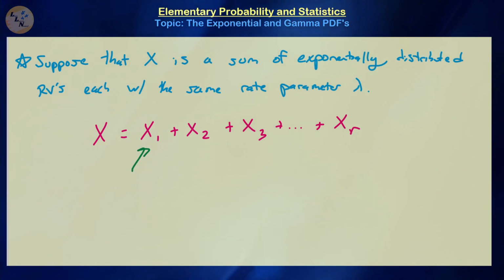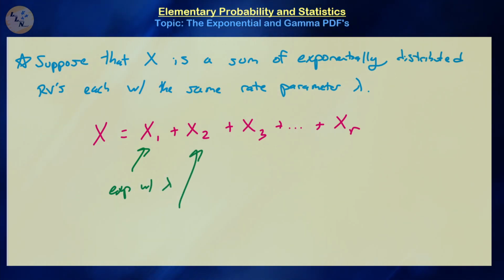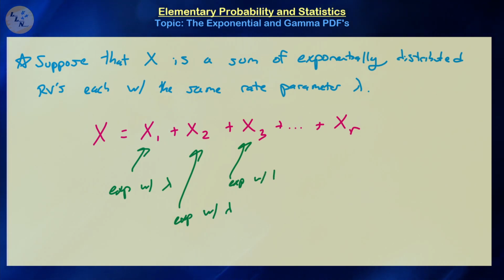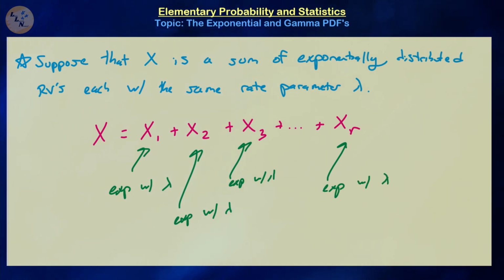So x1 is going to be an exponentially distributed random variable with parameter lambda. x2 is also going to be an exponentially distributed random variable with parameter lambda. x3 is also, and all the way out to xr, also an exponentially distributed random variable with parameter lambda. So each of these is an exponentially distributed random variable with the exact same rate parameter.